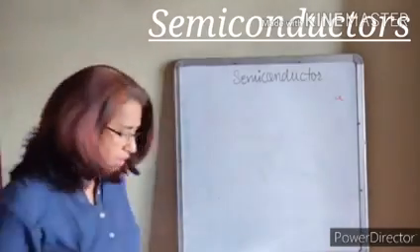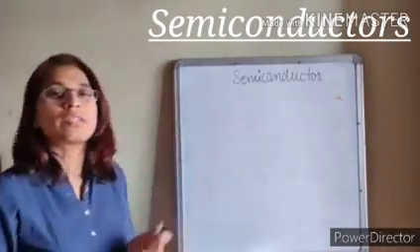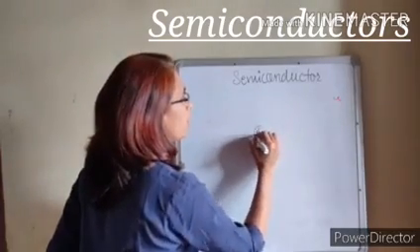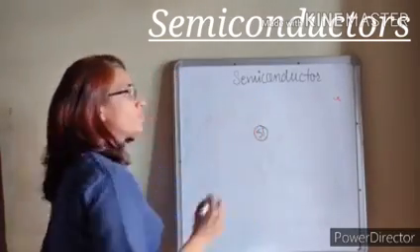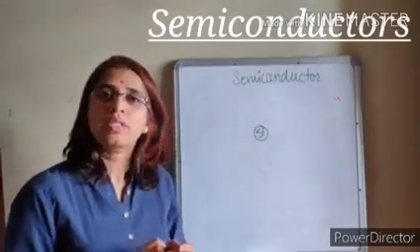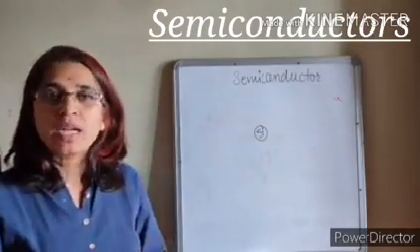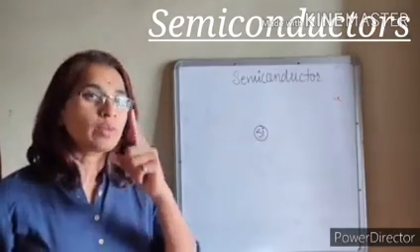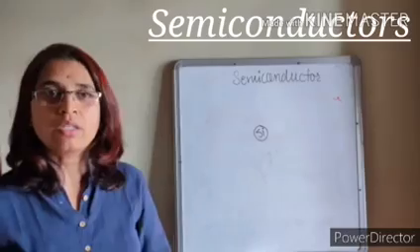Suppose we consider a semiconductor crystal. Let us consider silicon. This is a silicon atom. Now, as I told you, there are 4 electrons in the last orbit, which means they can donate electrons, accept electrons, or, one more best option, they can share the electrons.